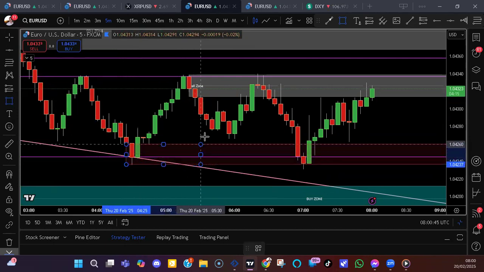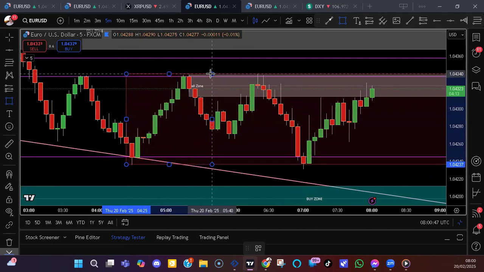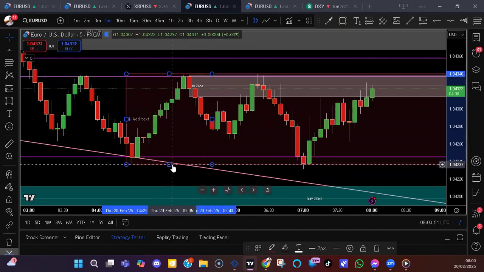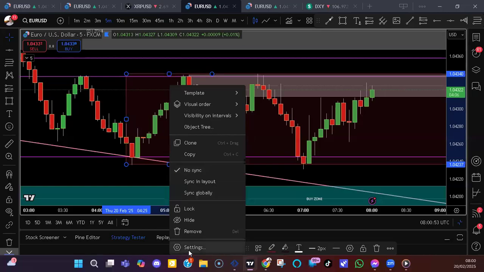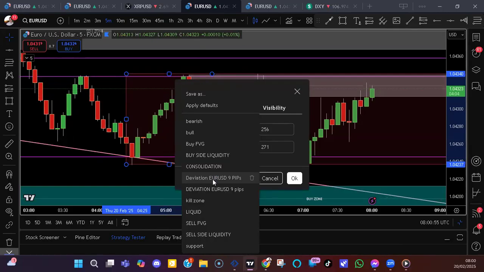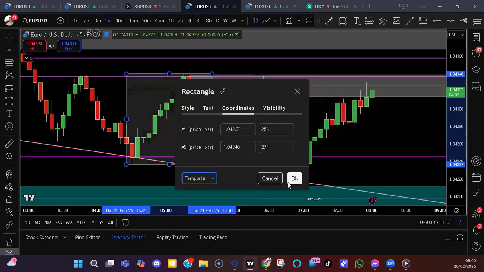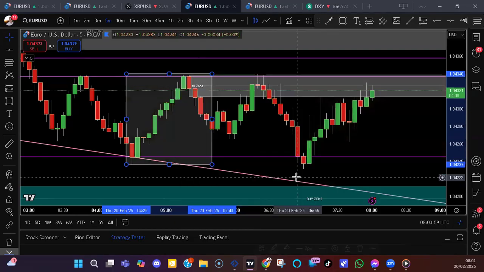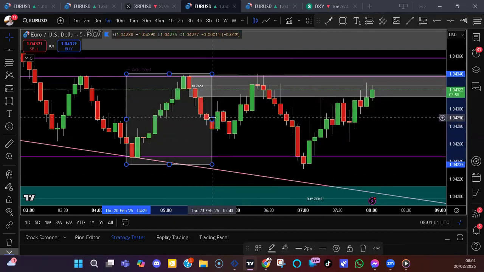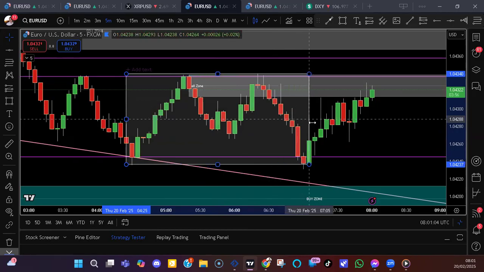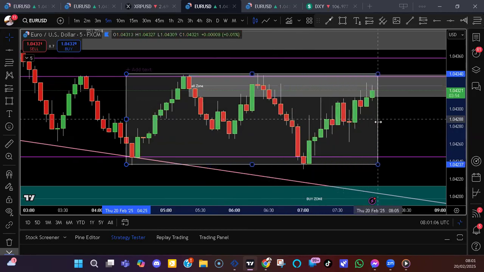So all the way down to there, up to there. Again, I've got the wrong box on, so I'll just go into settings. Got a consolidation box. So we drag that across. All this area here is consolidation. We know that.